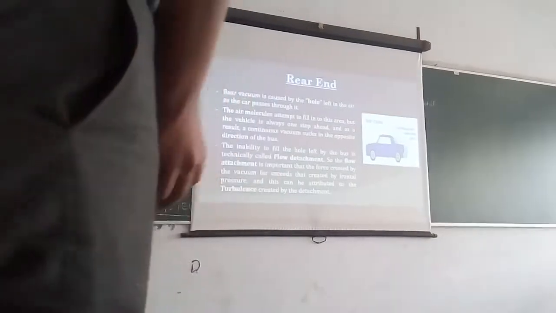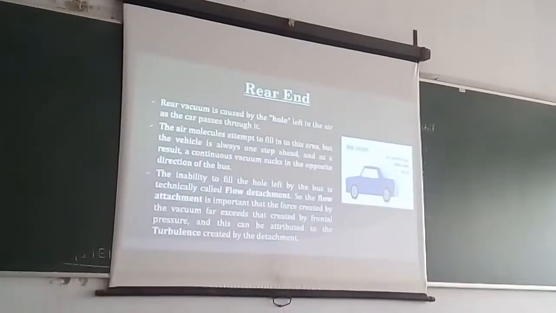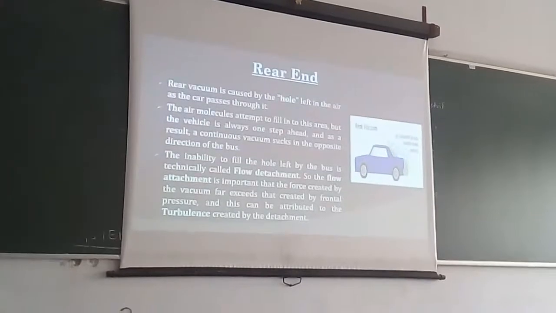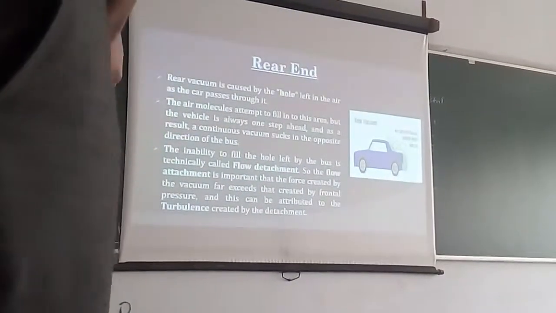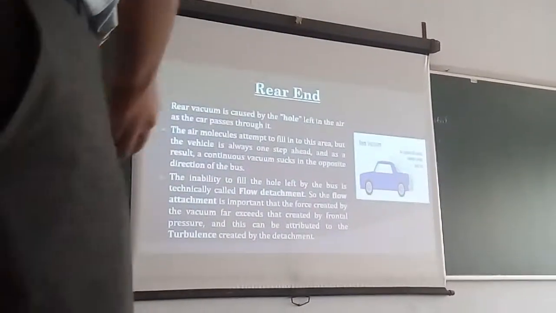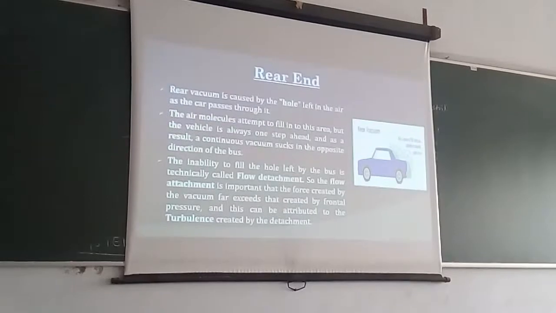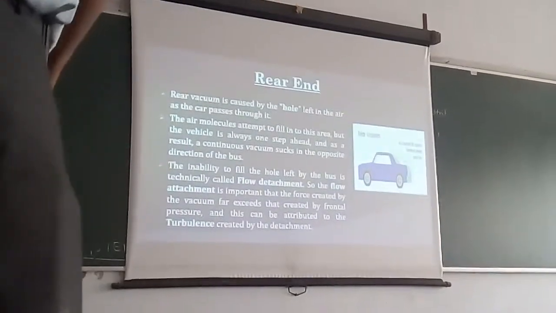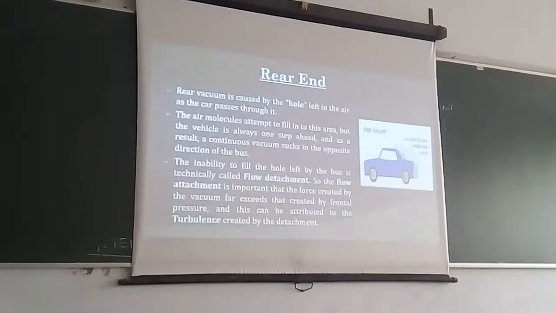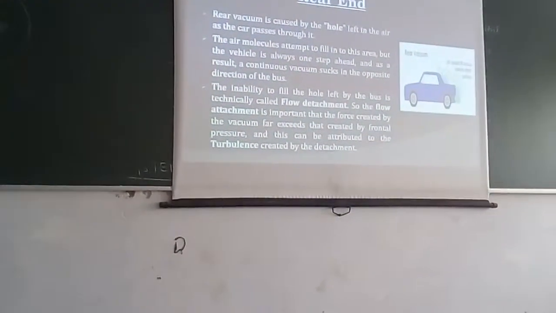Now rear vacuum is caused by the force left in the air as the car passes through it. To imagine this, a blocky-shaped bus moving on a road punches a big hole in the air at the back side of the bus. Then the air molecules attempt to fill this area, but the vehicle is always one step ahead.